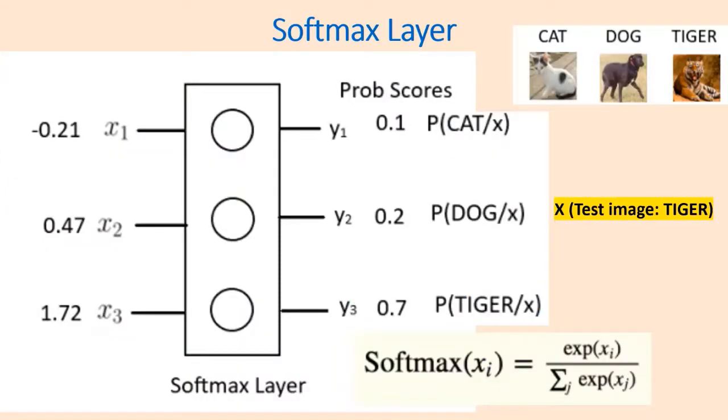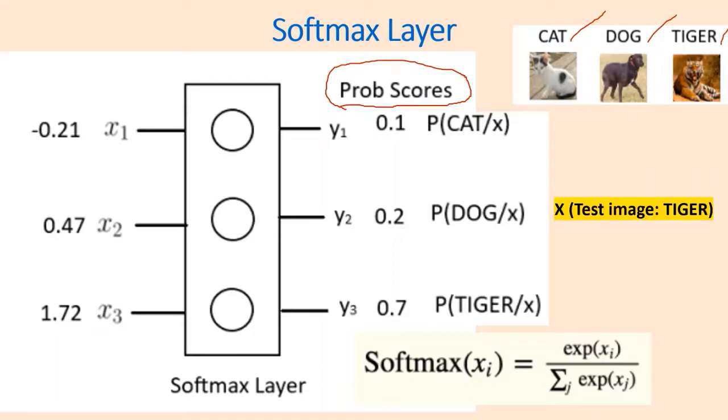The softmax layer is the last layer in a convolutional neural network. The purpose of this layer is to generate the probability scores for each of the image classes. If you take this example, there are 3 image classes.